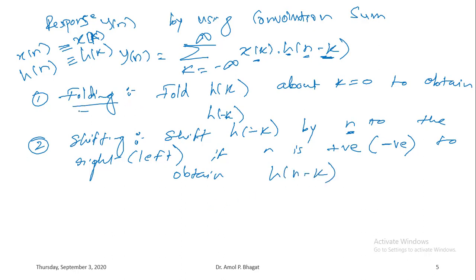The first step was folding, the second one is shifting. In shifting you are shifting h of minus k by n samples. h of minus k is the folded version of h of k, so it is shifted by n samples.